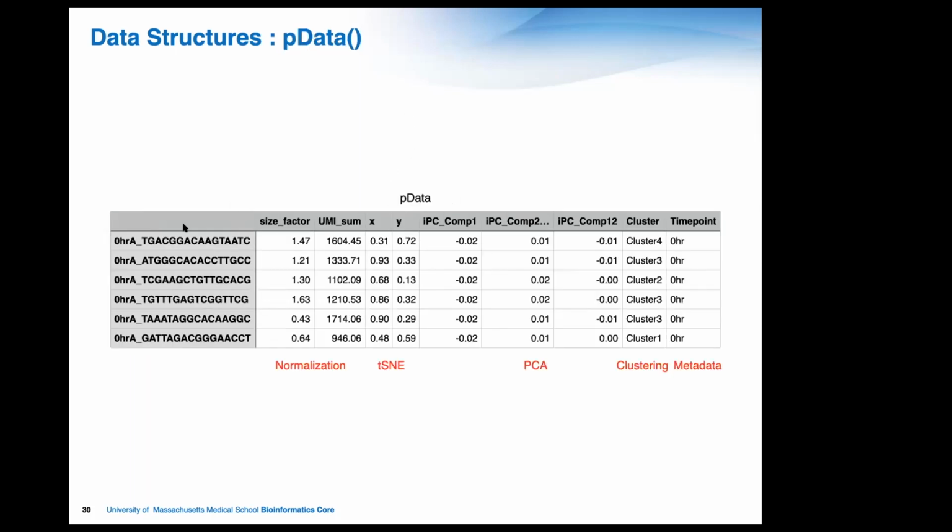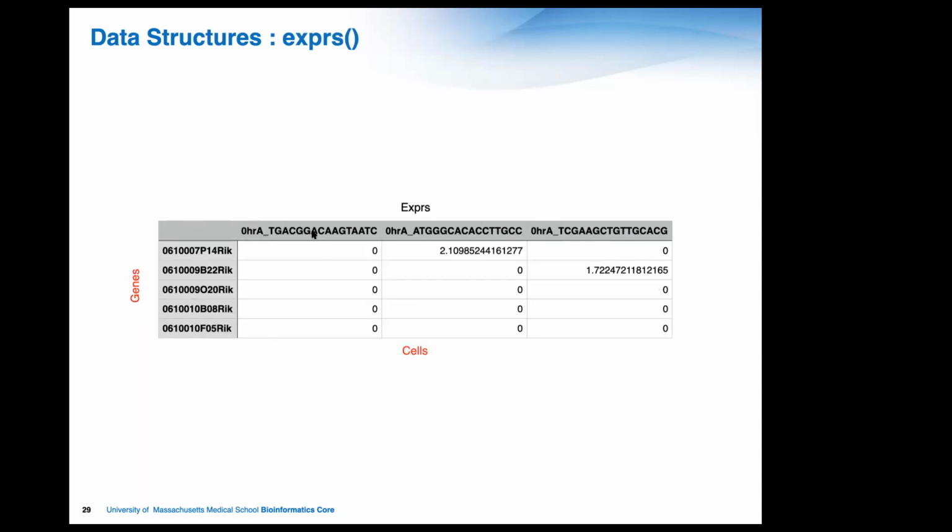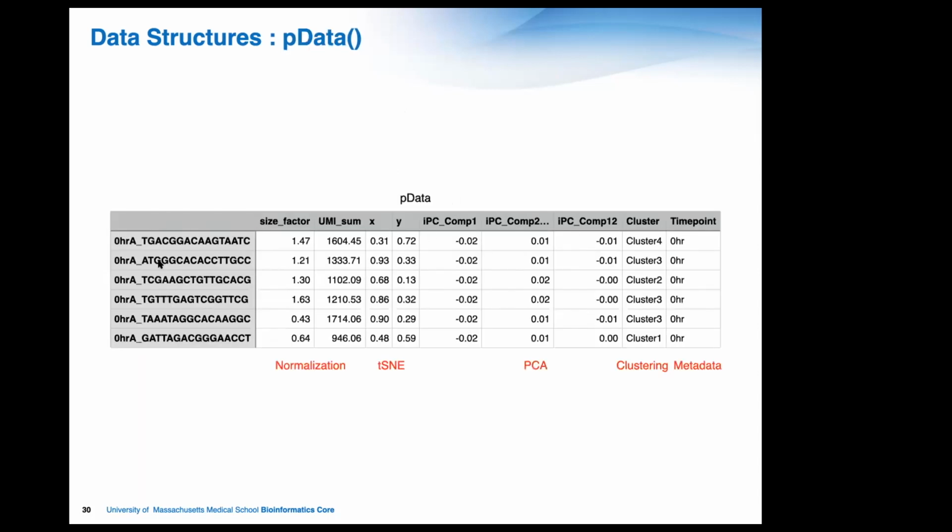When we look at pData, you can see that the column names I'm showing here become the row names here. So this is just another table, and we're keeping track of a bunch of information. I mentioned we were going to work with bone marrow dendritic cells that we stimulated with LPS. On the far right, you can see a time point column.